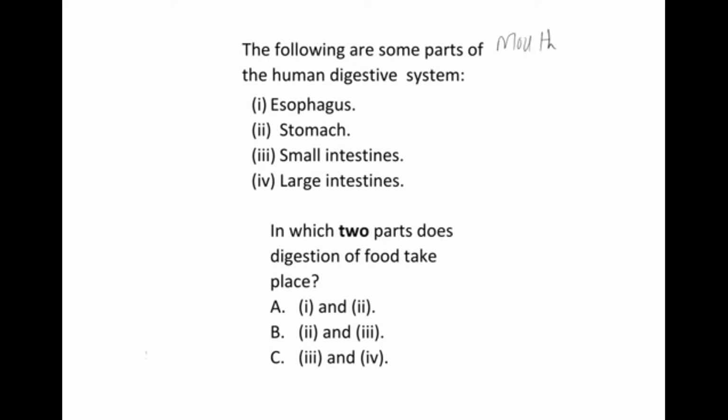In the mouth, there is production of saliva from the salivary glands, and this saliva contains the enzyme that digests carbohydrates or starch.